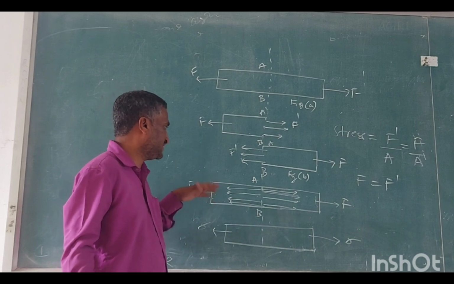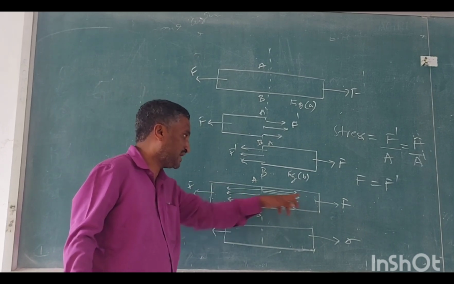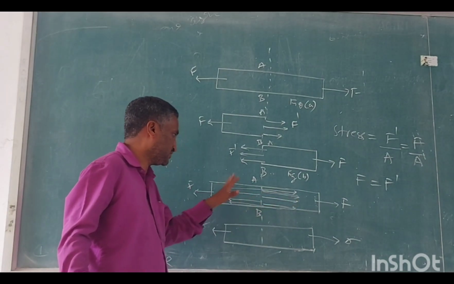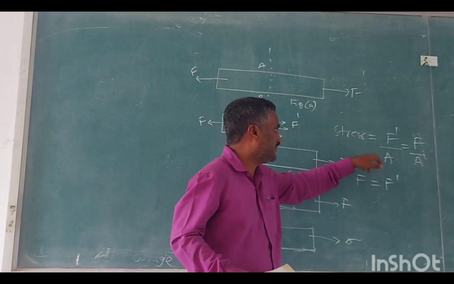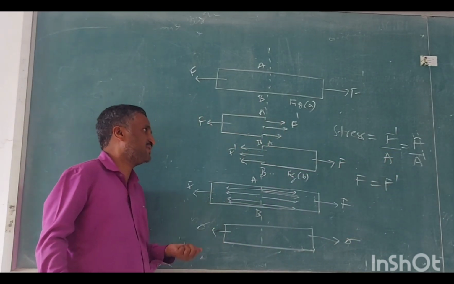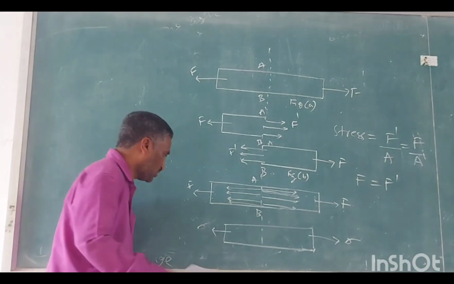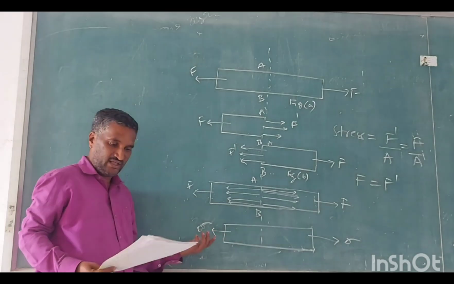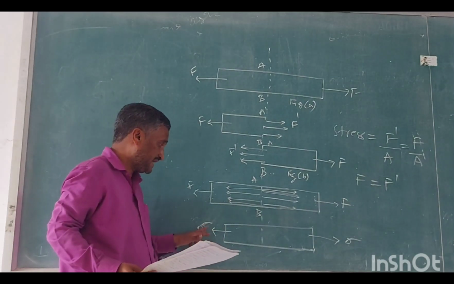If you see the diagram, the internal resistance is exactly opposite to the applied force. That is what we call stress, which is given by F dash by A. In the design of machine elements concept, we usually take rho as the stress.